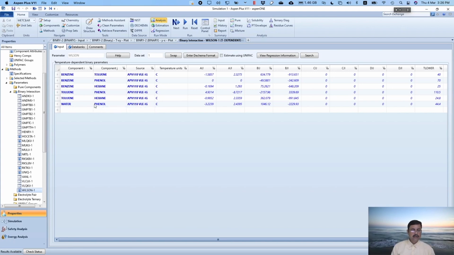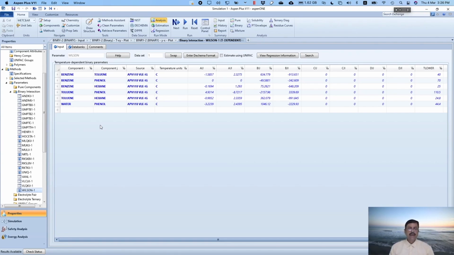But do we have water hexane combination? We don't. Do we have water toluene combination? No, we don't. Water benzene combination? We don't have. So we have water phenol combination only. So other temperature dependent binary parameters in Wilson method we do not have at all.